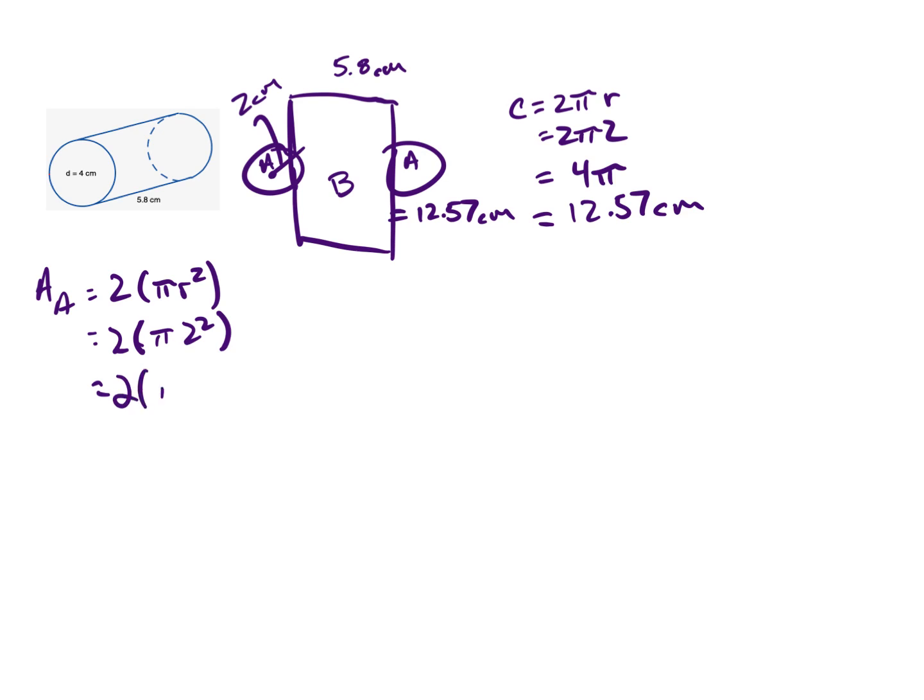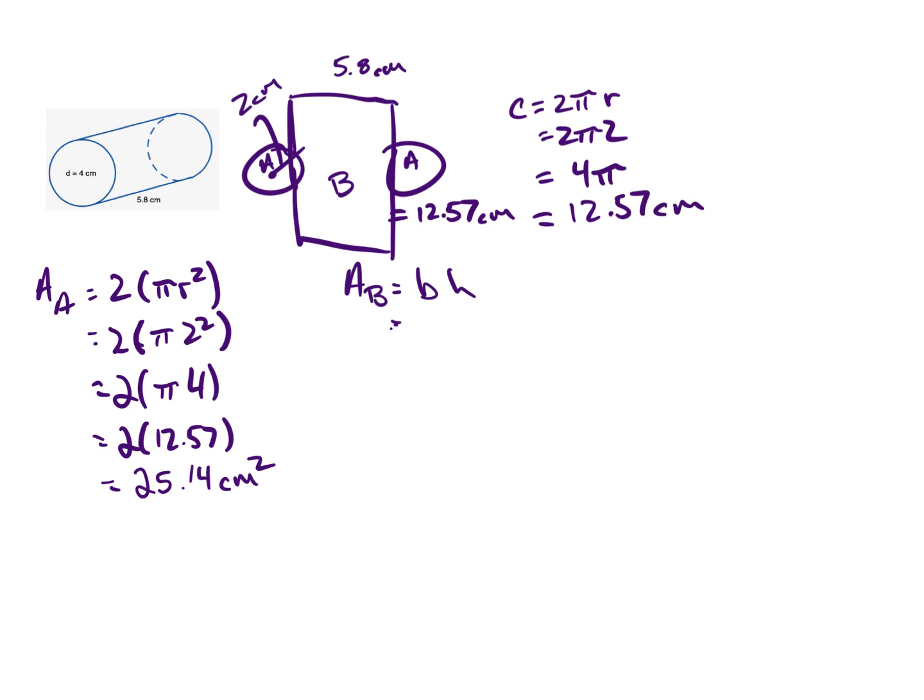So it's one of those confusing ones, but we're going to get pi r squared, which is 4 pi, so we already know that is 12.57, and when I multiply that by 2, I get 25.14 centimeters squared. Then I'm going to go area of B, which is my rectangle, base times height.